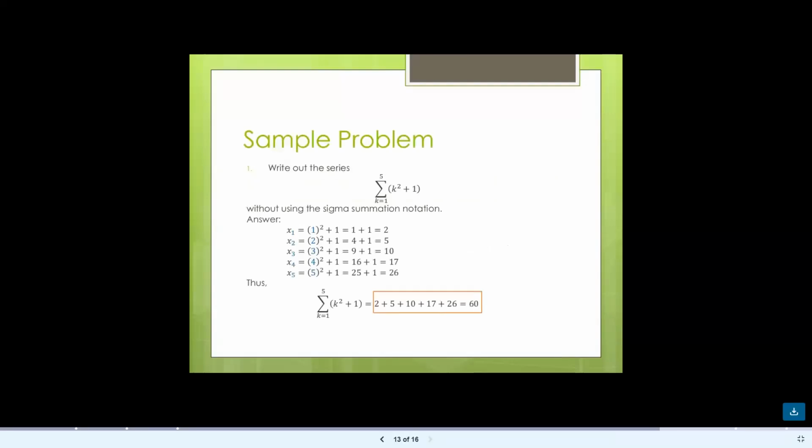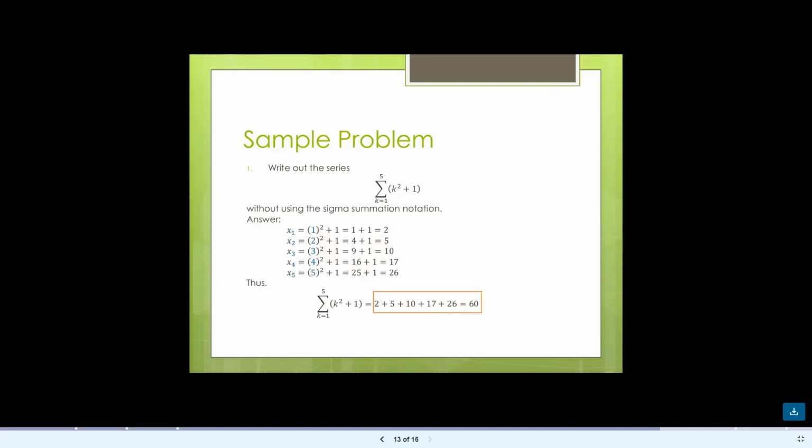And this is an example. So you have this series, k squared plus 1, that's a general term. And you want to write it out using the summation notation. You don't want to write out all the terms. So all you do is substitute 1 in the place of k, then 2, then 3, right up to 5.